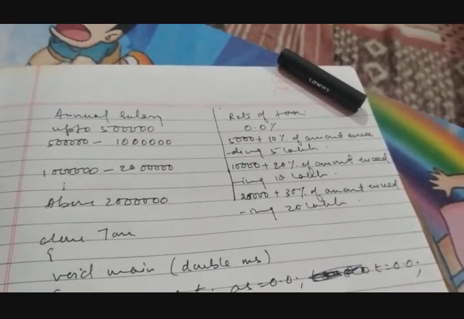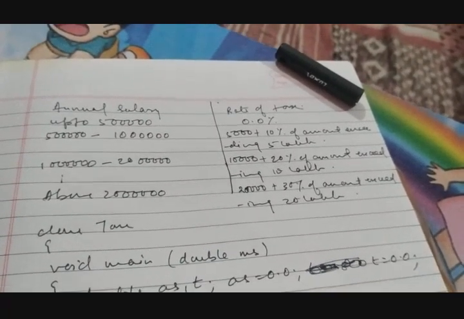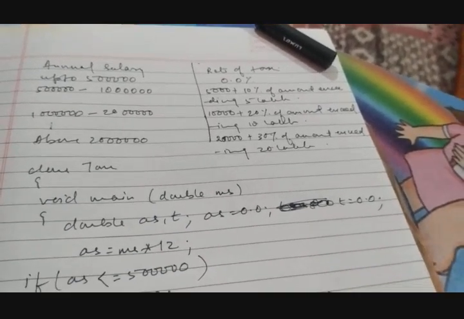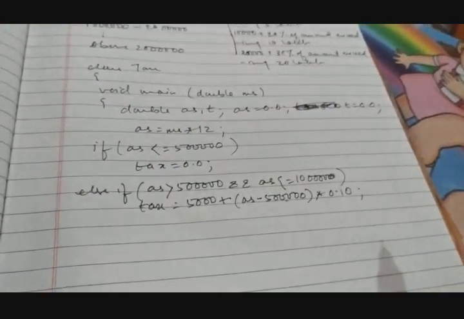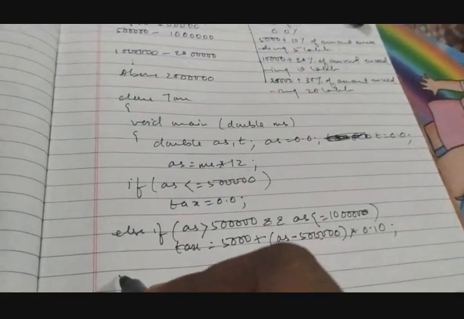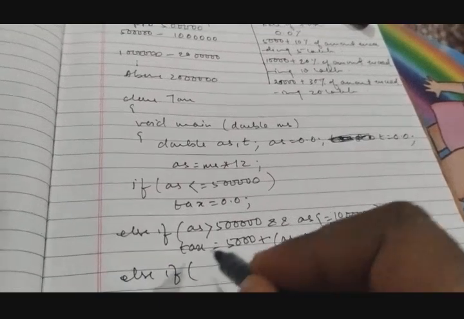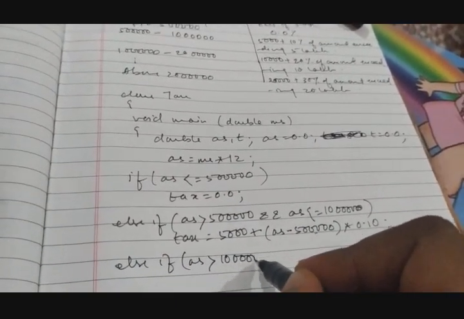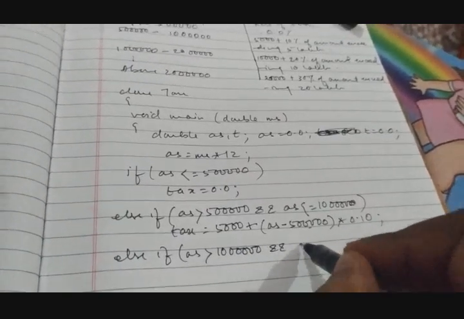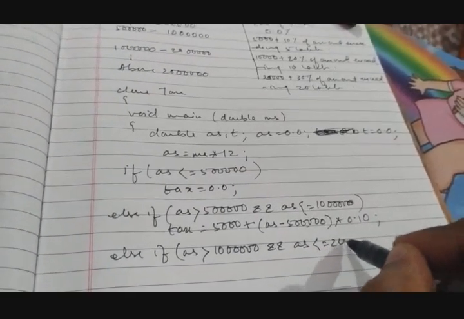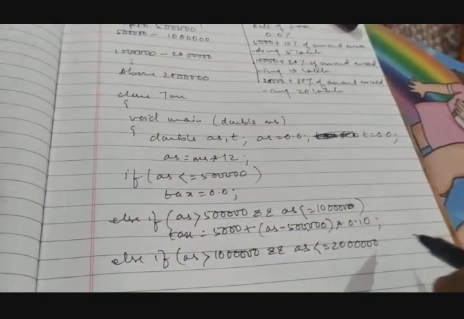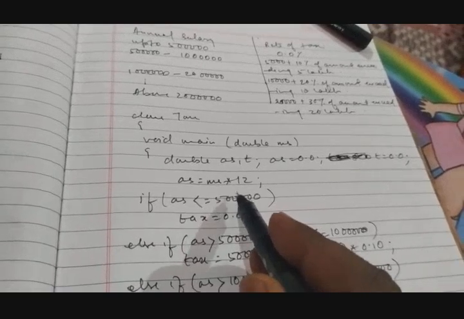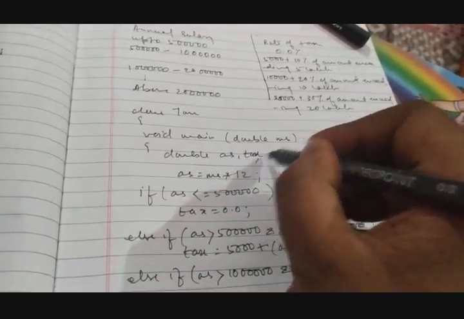So annual salary minus 5 lakh, 10% will be added up. Alright, else annual salary is more than 10 lakh and annual salary is up to 20 lakh, then I am everywhere using tax, so let it be tax only.